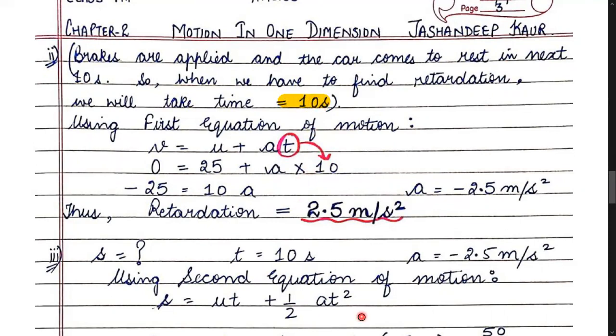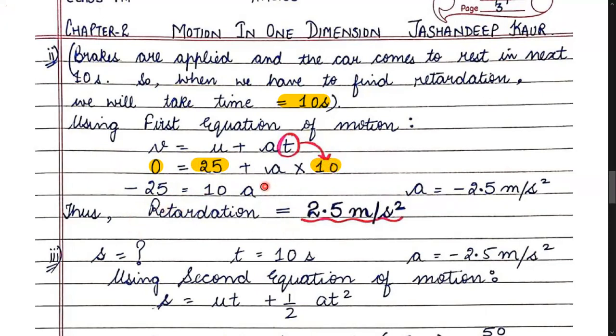So children, using first equation of motion, that is v is equal to u plus at. Don't put a as 0 here because here the velocity is changing. Final velocity is 0, initial is 25, time is 10 seconds.